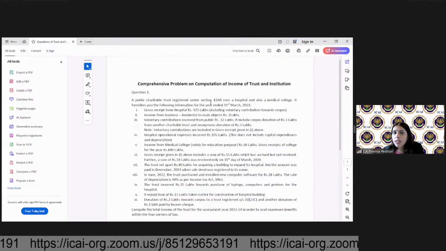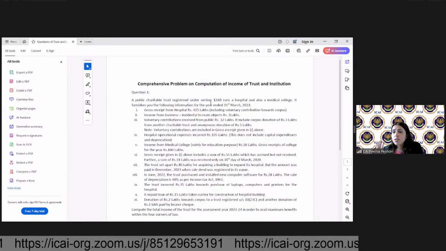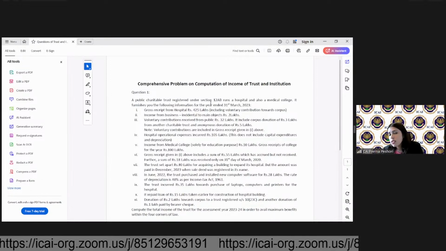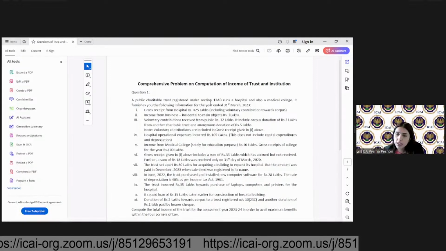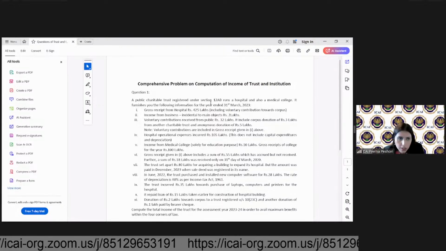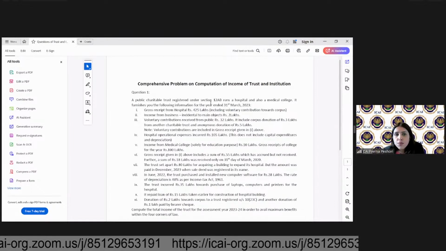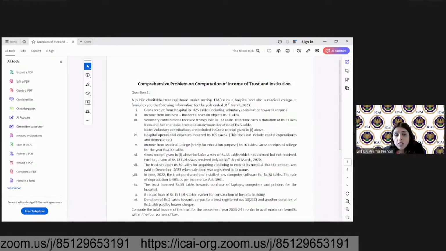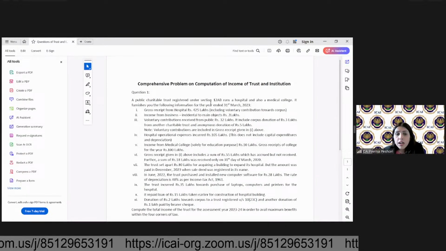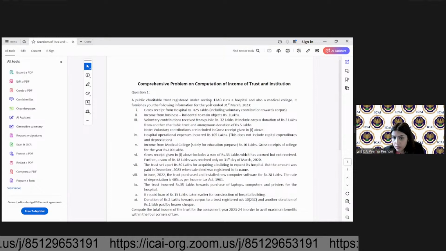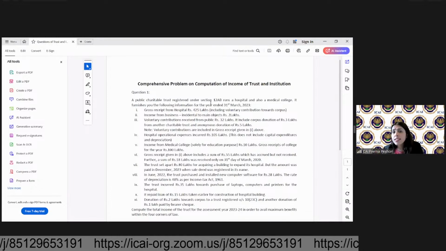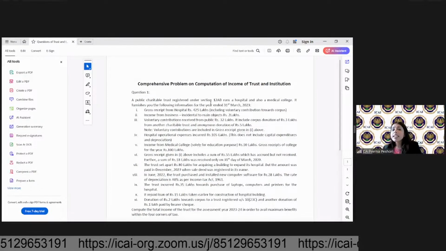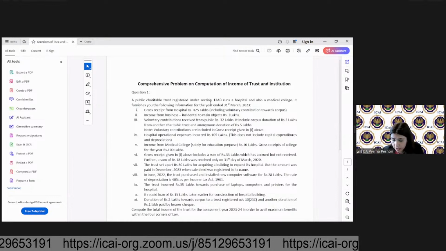And then there is a fourth category, all the other charitable trusts which want to register under 10(23C). For them, there is a conditional exemption. They have to first obtain the registration, under 10(23C) or for that matter under 12AB. In case the trust has not commenced any activities, it has to first apply for the provisional registration.